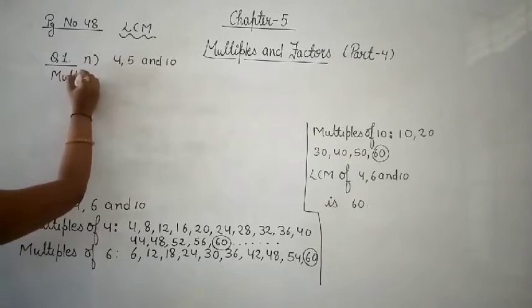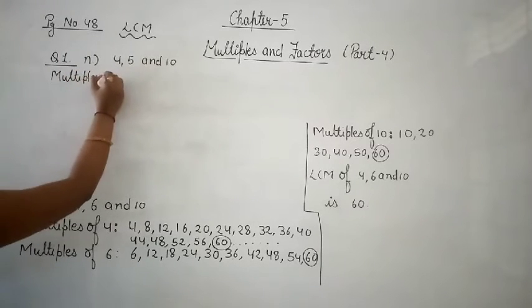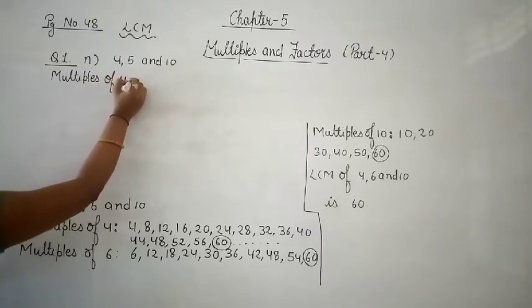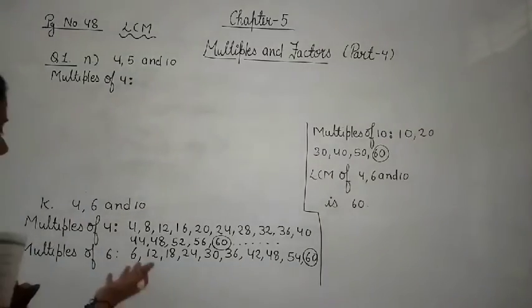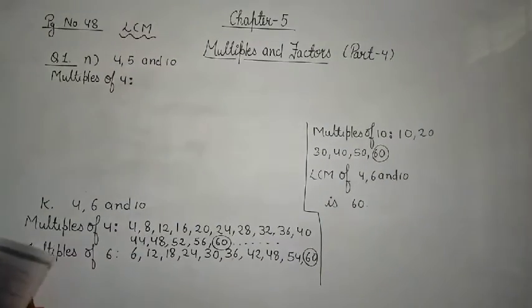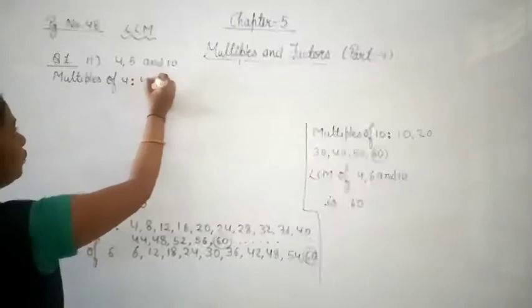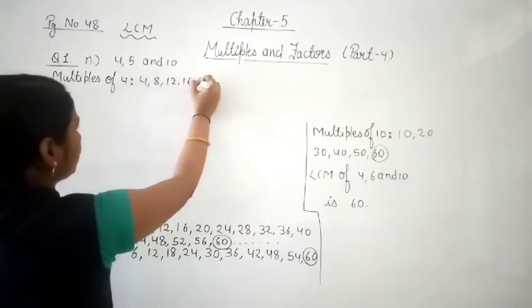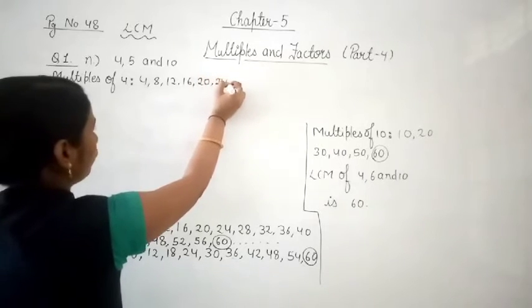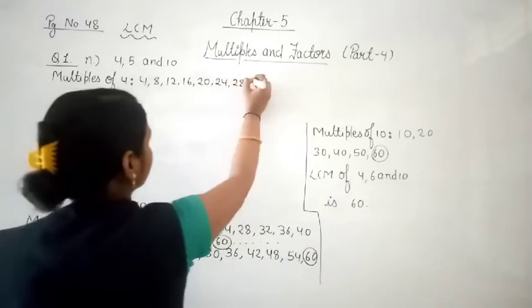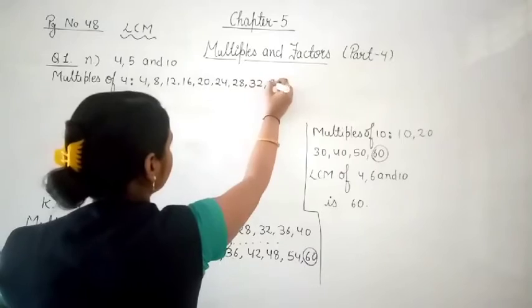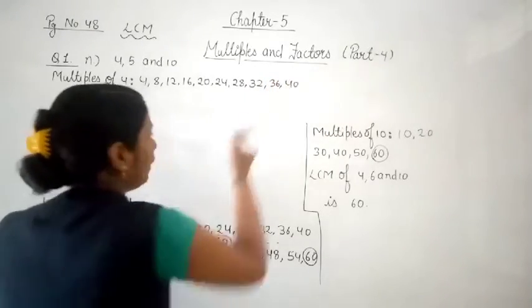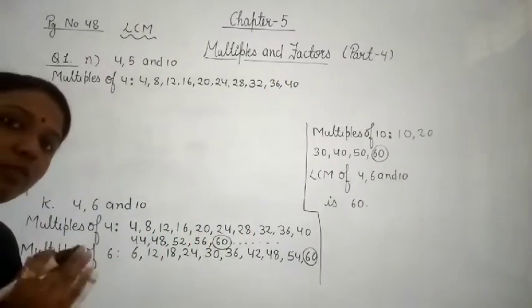Multiples of 4: 4, 8, 12, 16, 20, 24, 28, 32, 36 and 40. So I have written the first 10 multiples of 4.